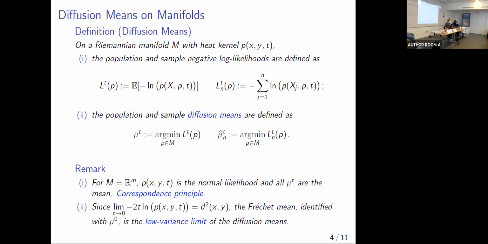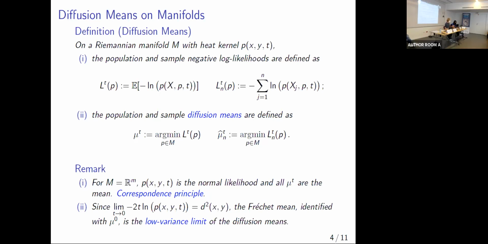And it turns out for real vector spaces, the heat kernels are just the normal likelihoods. And therefore, all the diffusion means for each diffusivity t are the same point because the normal likelihood, the two parameters decouple, right? So they satisfy the correspondence principle. And if we multiply by 2t, the minimization, of course, is not affected.